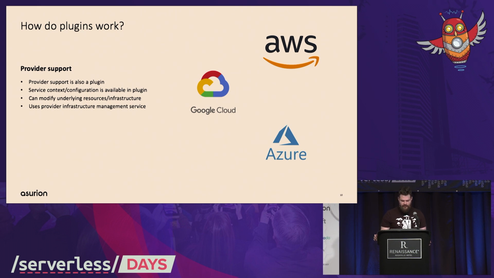The one interesting thing is some shared context and configuration for the service is made available to each plugin. What I mean by that is with each of these providers like AWS, Azure, and Google, the resources that you create when your serverless service gets deployed into production are created through some resource manager.